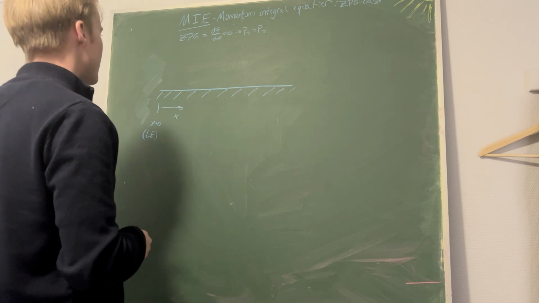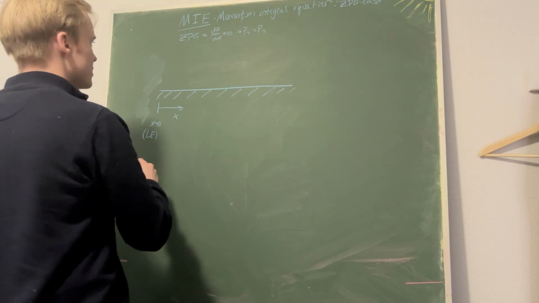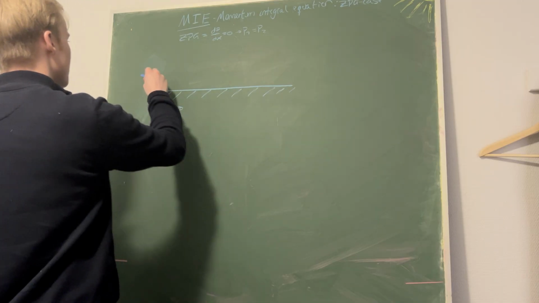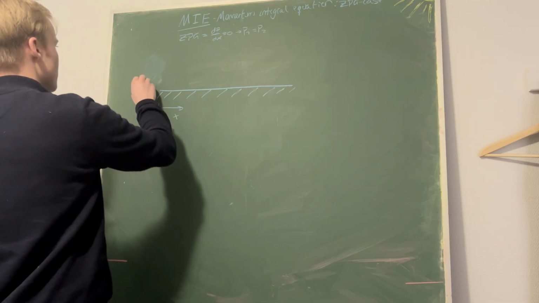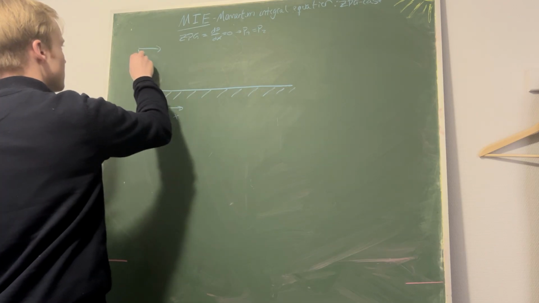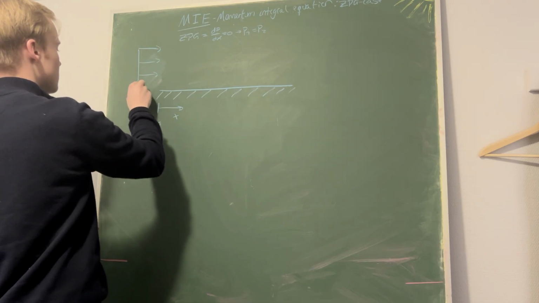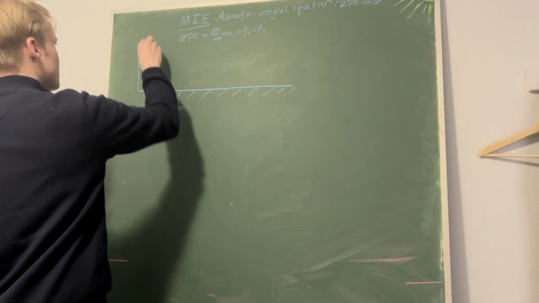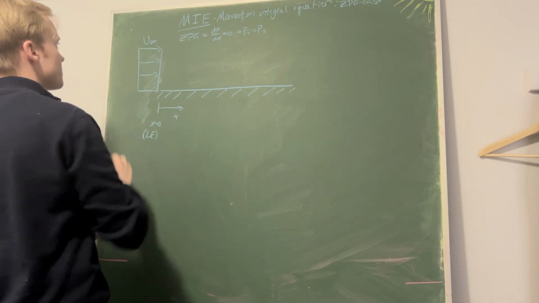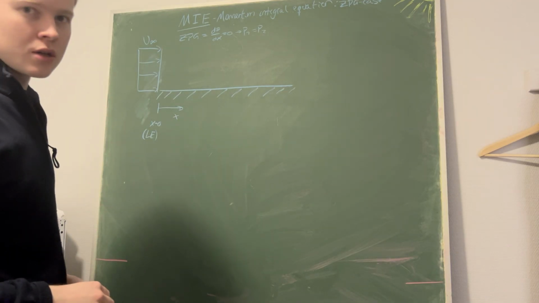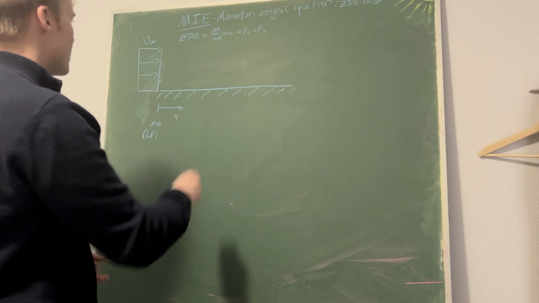Then at our leading edge over here, we have a uniform flow coming in like this, which is called U infinity. That's a constant.